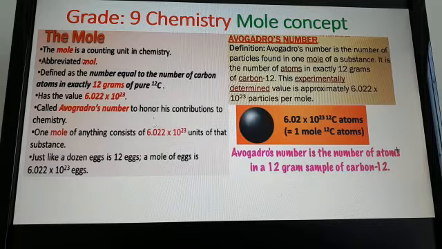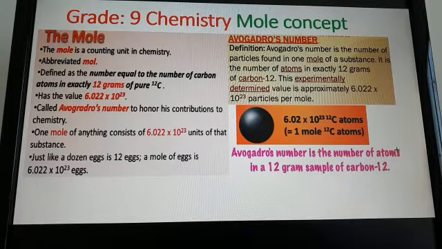So I think you understand that the definition of mole is the number equal to the number of carbon atoms in exactly 12 grams of pure carbon-12. We have to define what is the Avogadro number. Avogadro number is the number of particles found in 1 mole of a substance. It is the number of atoms in exactly 12 grams of carbon-12.